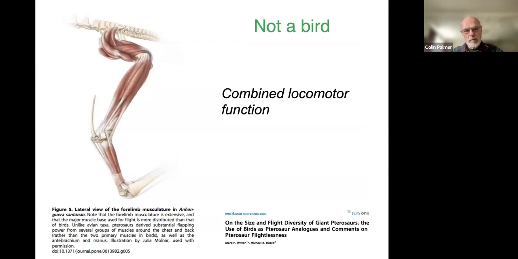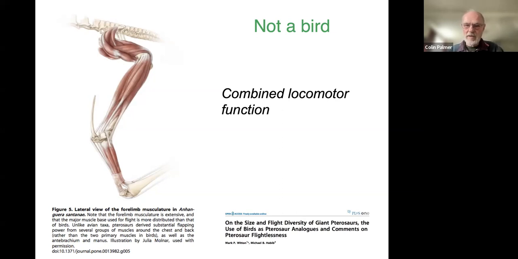The important thing about that is that you end up using the same muscles for takeoff as for flight. And this is important because if you're a bird, you have separate muscles in your legs and your wings. So once you're in the air, your legs are useless. They're just mass that you don't need. A bird would be better off without its legs once it's in the air, because it's completely separated the two functions.